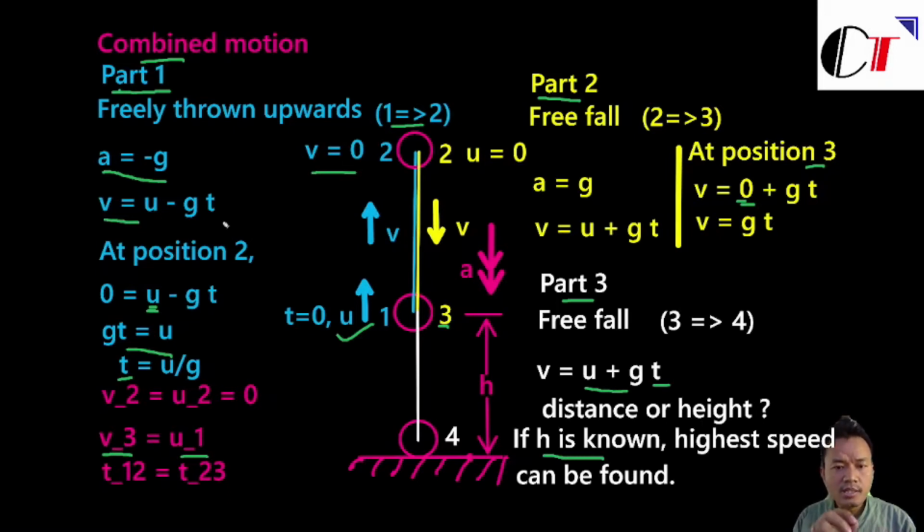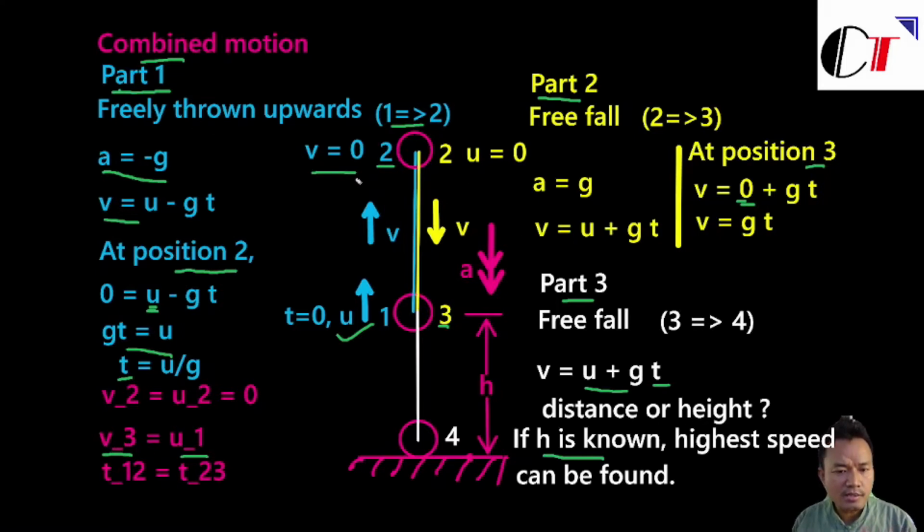So your object is slowing down, so the speed will be reduced by 9.8 meters per second within every 1 second. And of course, finally, at position 2, the final speed will be 0.